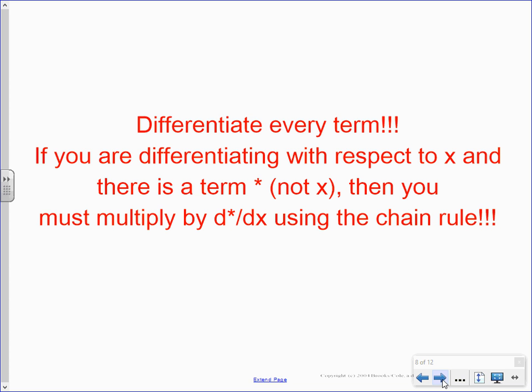But if you happen to get some other variable thrown in there, or we are taking the derivative with respect to a different variable, then you apply the chain rule the same way. There will be a time when we talk about t as the variable we are taking the derivative with respect to, when we get to unit 3. We'll have to apply this to t's instead of x's, but we'll worry about that when we get there.